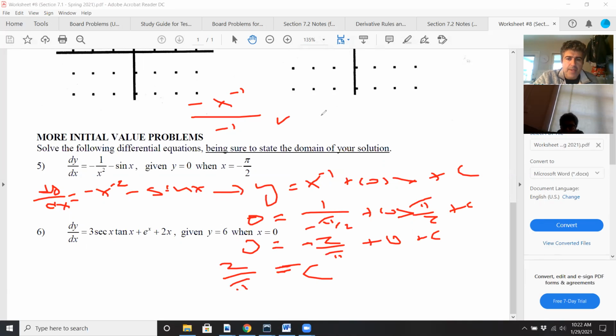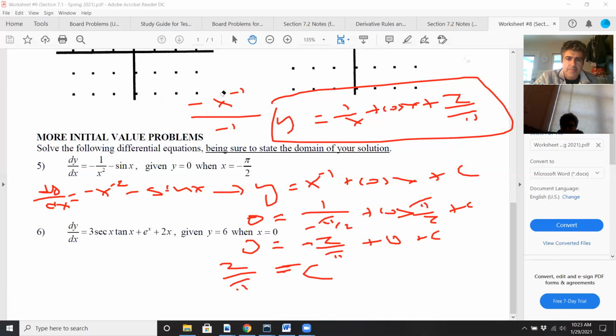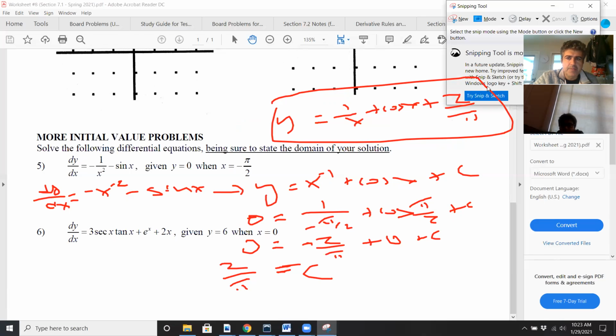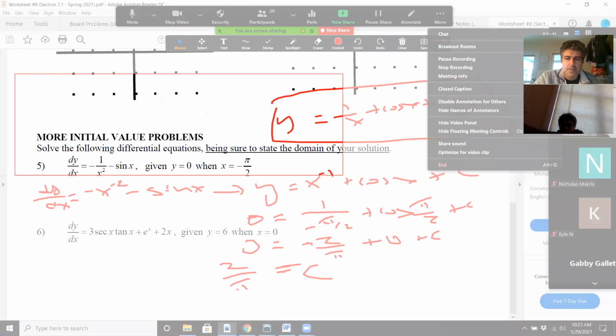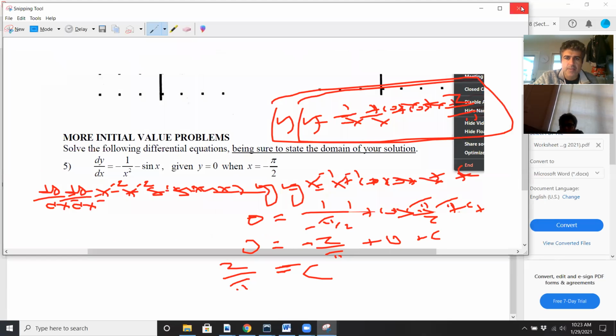So your equation is y equals 1 over x plus cos x minus 2 over pi. So let me take that screenshot. That's frustrating. Why does it show that?